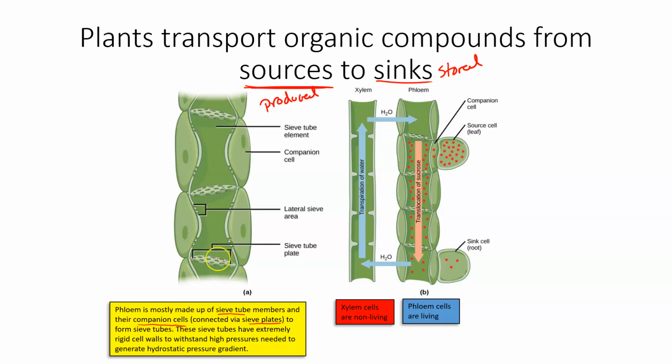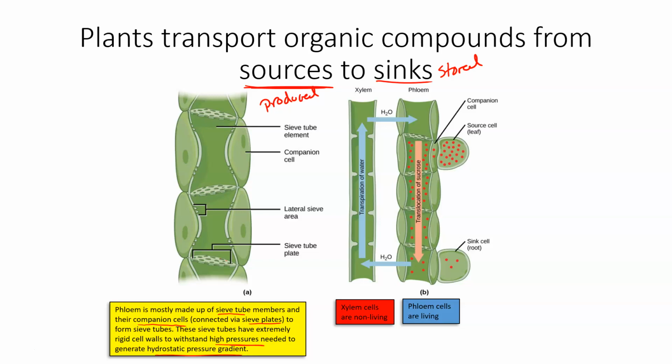These sieve plates provide structure to the phloem tubes from the inside, so that they can withstand very high pressures, which are needed in order to generate this hydrostatic pressure gradient from the source to the sink. And a little bit more on that to come.